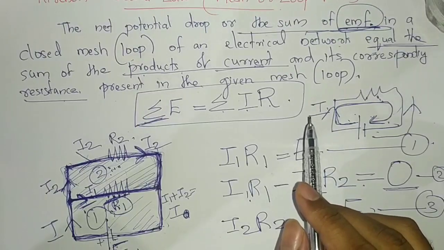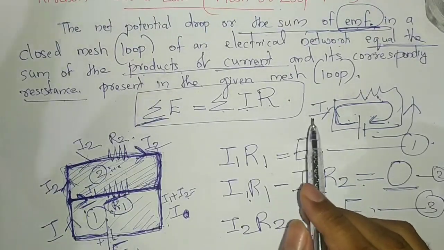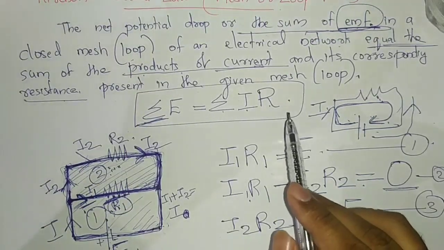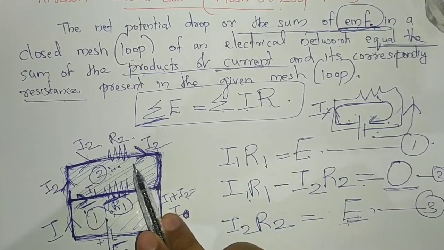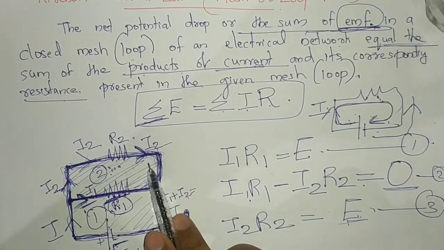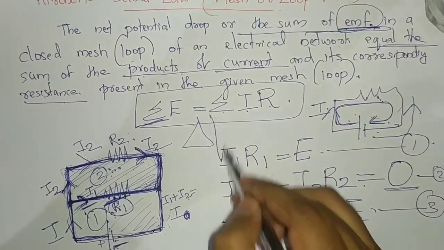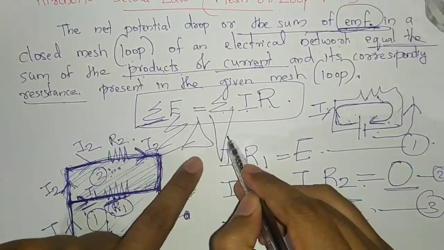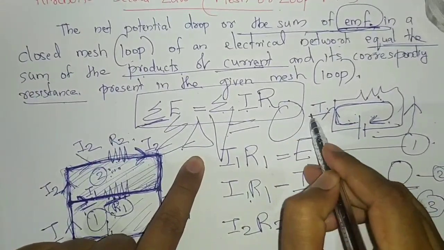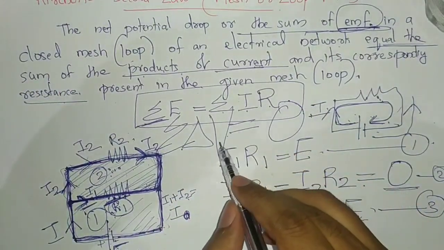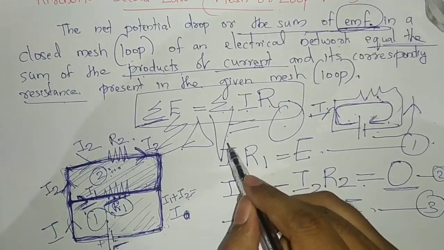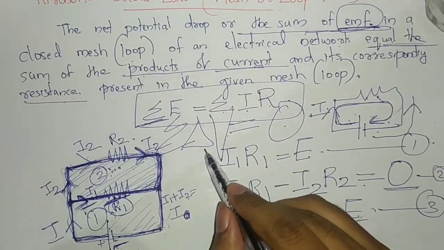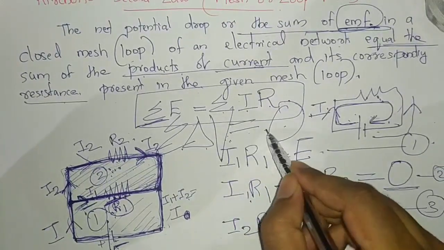Kirchhoff's second law can also be stated like this in your entrance examinations. It is always asked. Kirchhoff's second law states that in an electrical circuit along a closed mesh, the algebraic sum of change in potential, that means delta V, will be equal to 0. In the previous law, the algebraic sum of current was equal to 0, but here the algebraic sum of voltage or change in potential will be equal to 0.